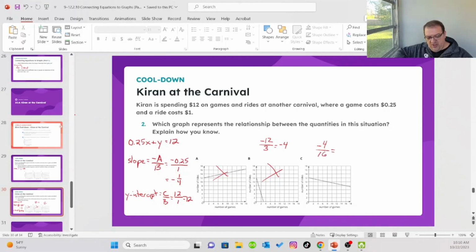Negative 4 can be divided by 4 once, and 16 can be divided by 4 four times. Now I find my slope of negative 1/4, so this is the correct graph.